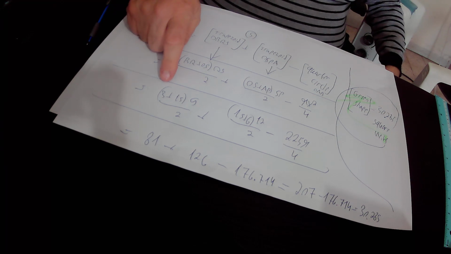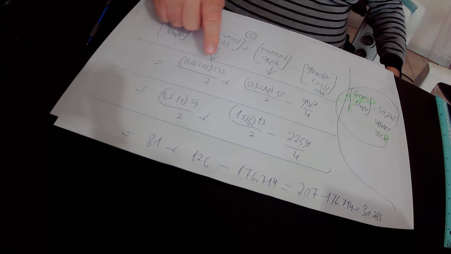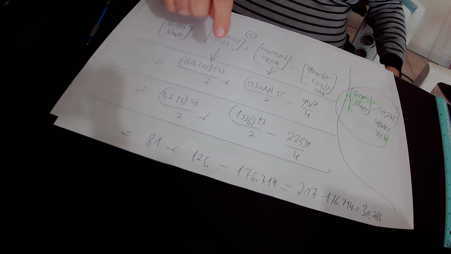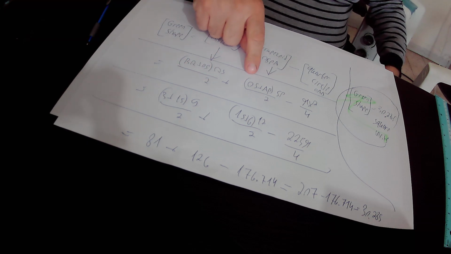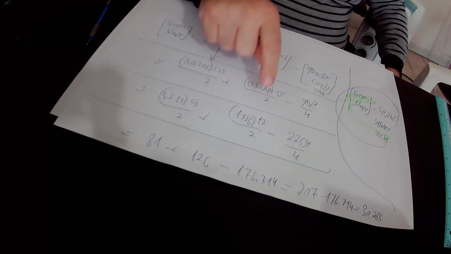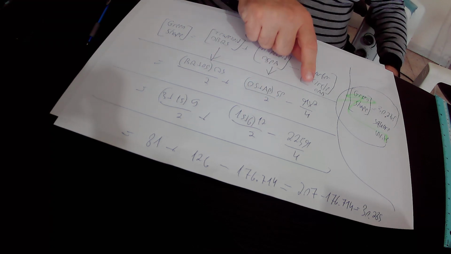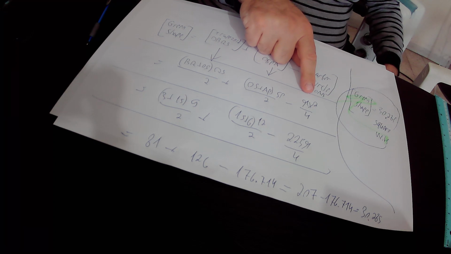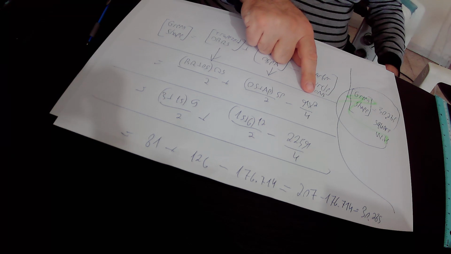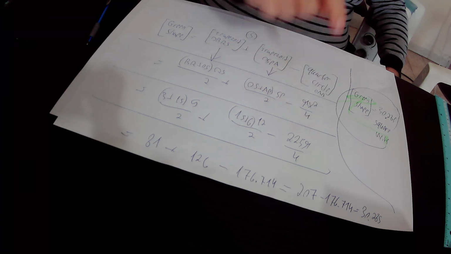Here BQ is 3, OS is 15, SQ is 9, divided by 2. Here OS is 15, AP is 6, SP is 12, divided by 2. Here we have pi x squared. X is 15, therefore x squared is 15 squared, that is 225. So in total, pi x squared over 4 is 225 pi over 4.